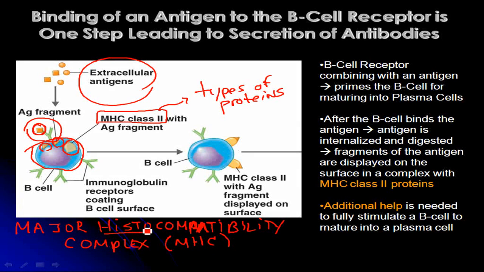Histo refers to tissues. Compatibility is referring to compatibility of tissues if you received a tissue transplant. Everybody produces these MHC class II proteins that are located in the surfaces of some of the cells of your immune system, all across the surface, and those differ from one individual to another slightly in their shape. And because of that, they play a role in tissue rejection.